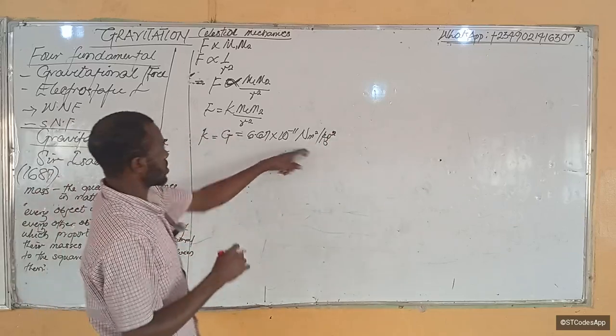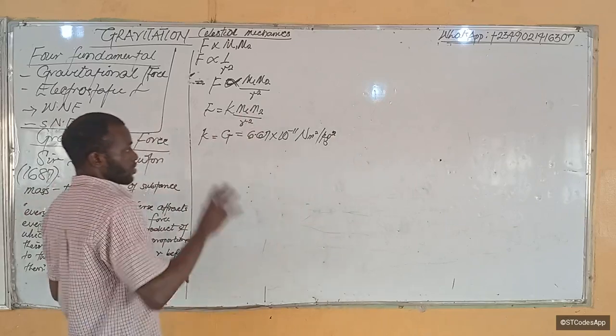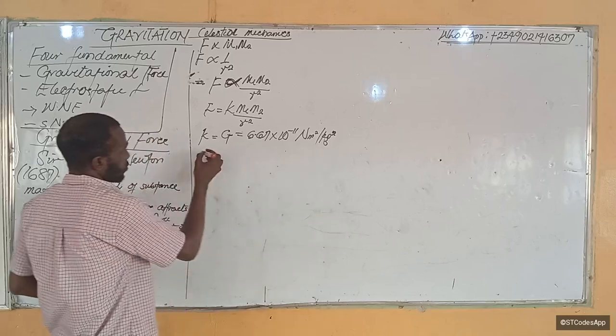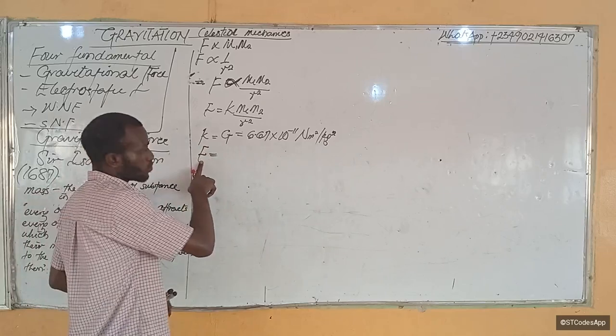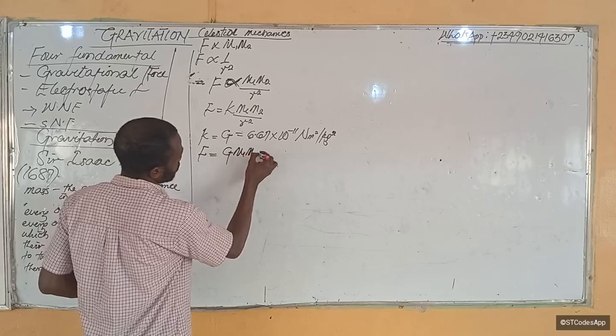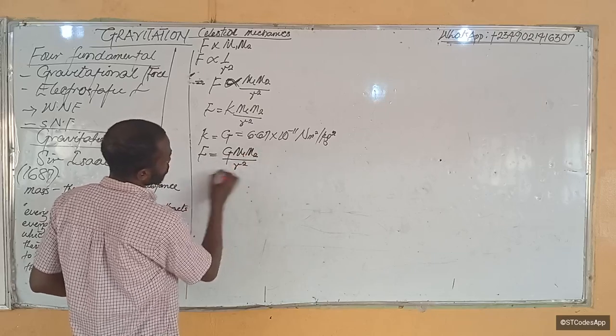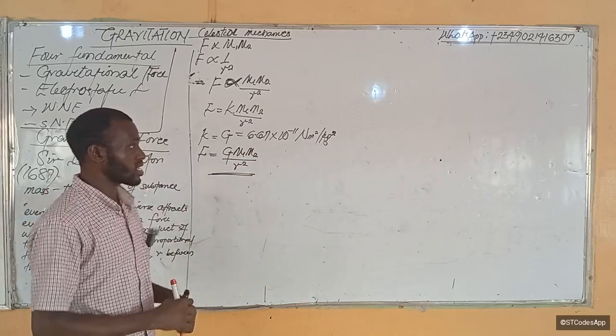So how did I get this unit? Just do F times R squared, divided by M1 times M2. So that's how I was able to get the unit there. So G is that, so our force, Newton's gravitational force, is given by G M1 M2 over R squared.